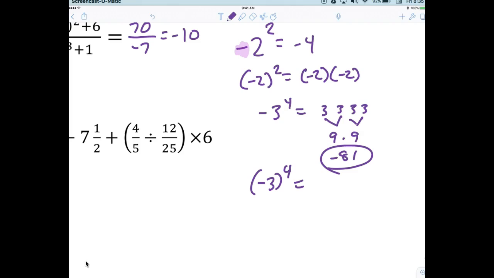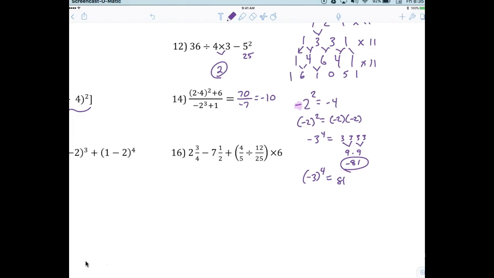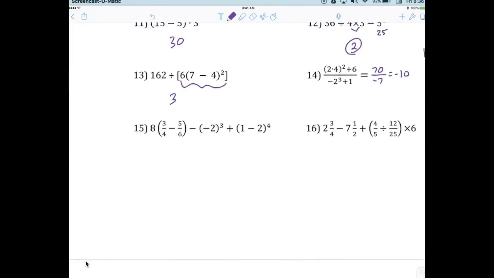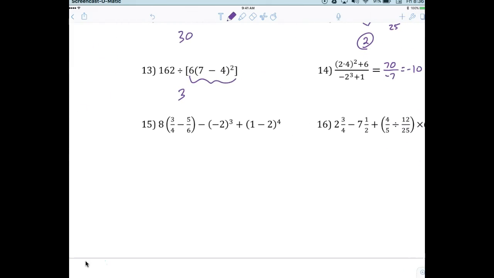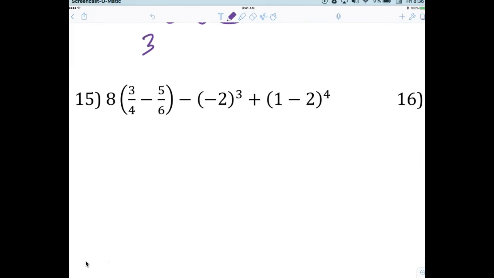As long as you have an even number of negatives, positive; odd number of negatives, it's negative. So that would be 81. That's a really good review of the parentheses and the negative sign in front of a power. Now, I really want to talk to you about question 15.